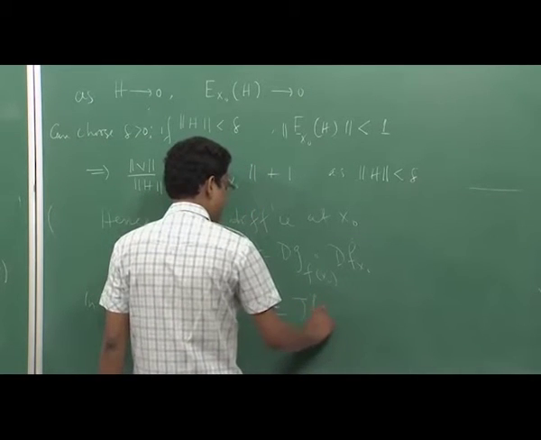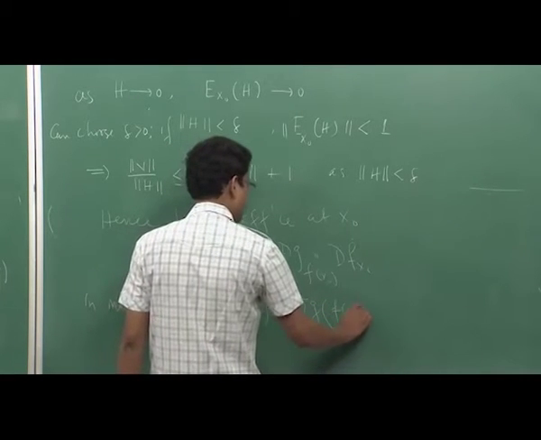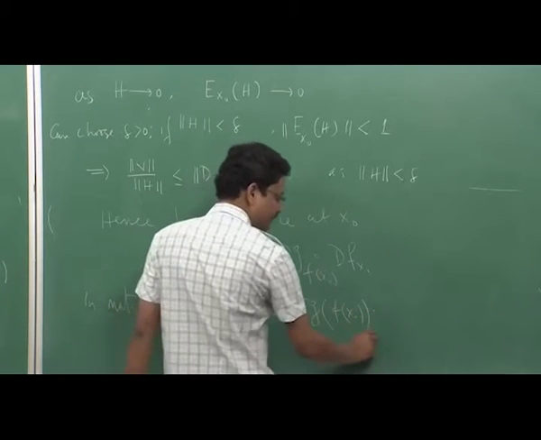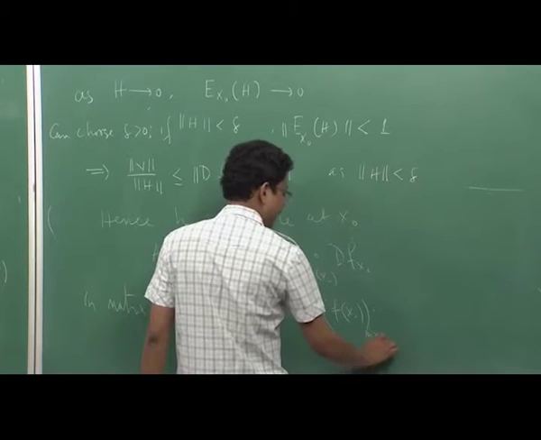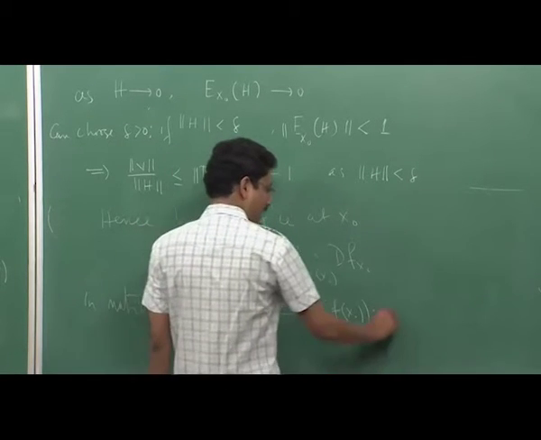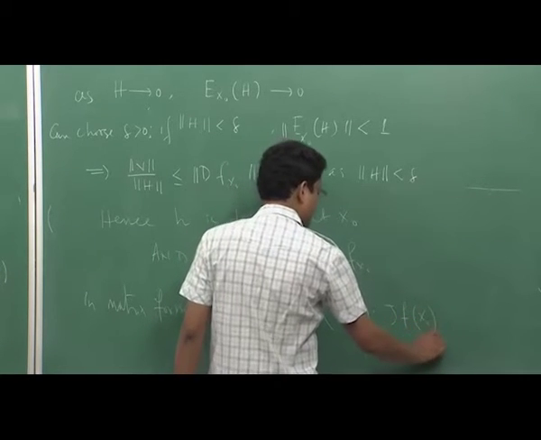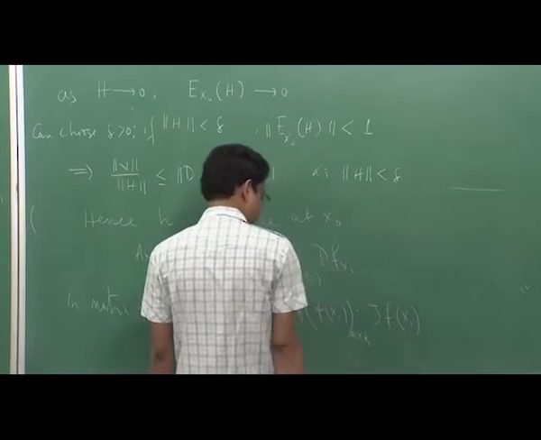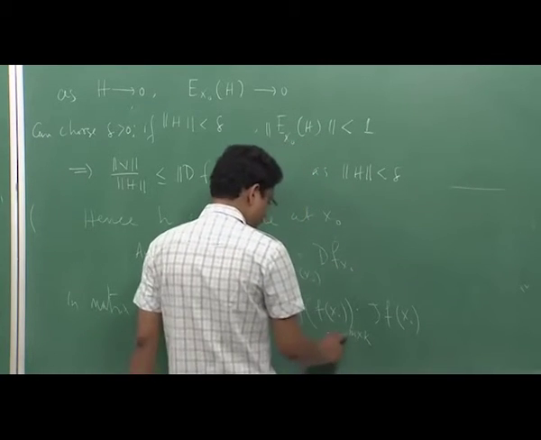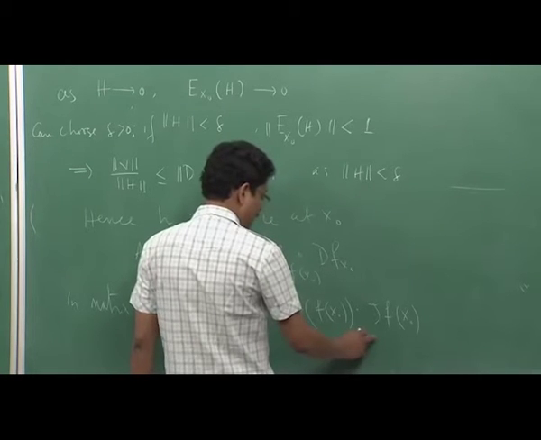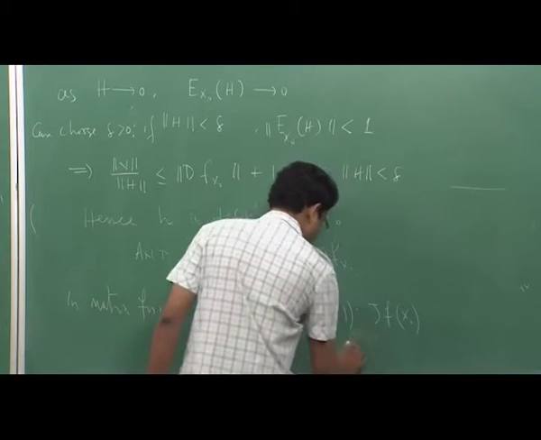So, that is JG, Jacobian of G at f x naught, matrix multiplication, Jacobian of f at x naught. G is from M to K, so this is a K cross M matrix.